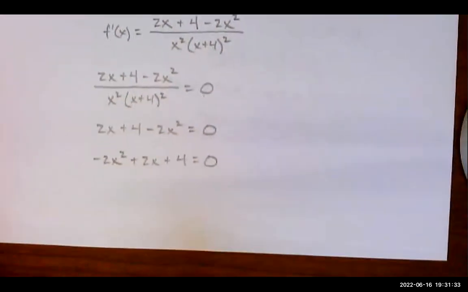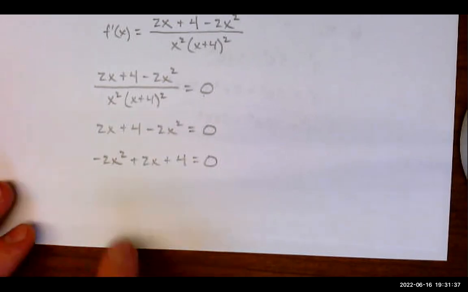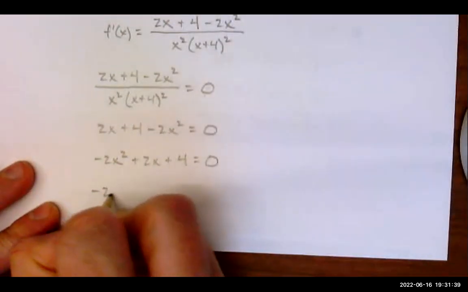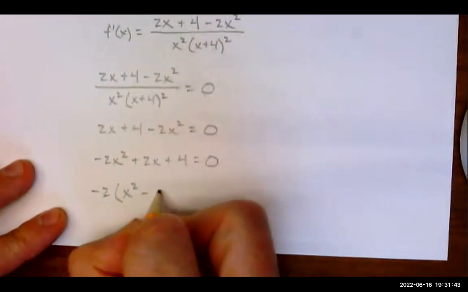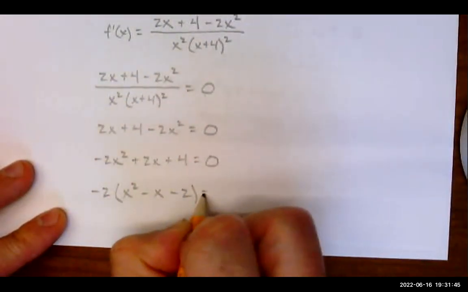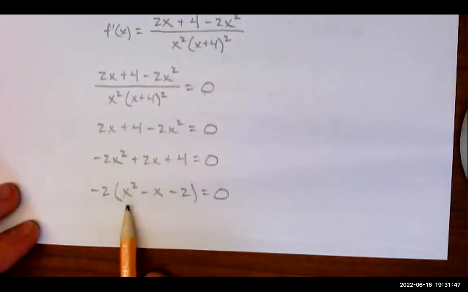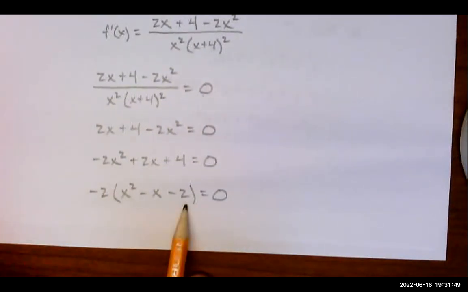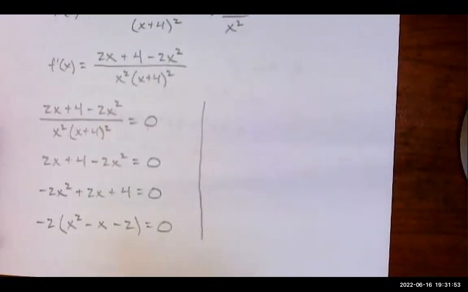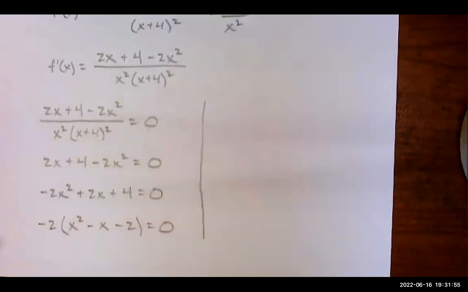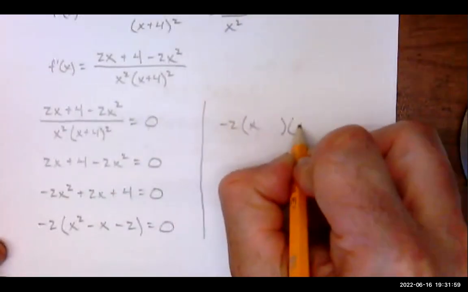For the rest, let's rewrite this with the highest power of x coming first. And we'll think, maybe this thing will factor. We can factor out a negative 2. That would be nice. So minus x minus 2. And I think this even factors further. x squared minus x minus 2.